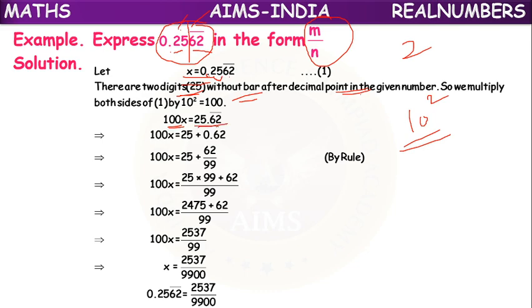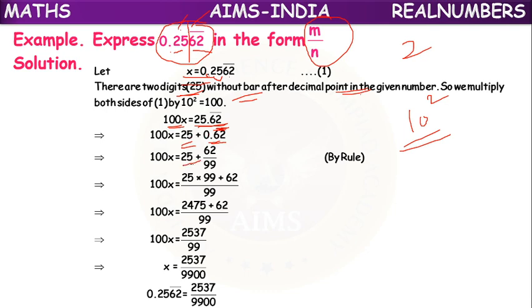It will become 25.62, means the non-repeating part will come to the left side of the decimal. 25.62 can be written as 25 plus 0.62 bar.